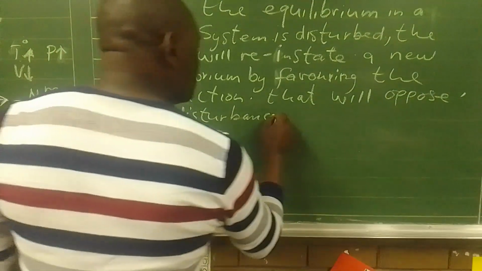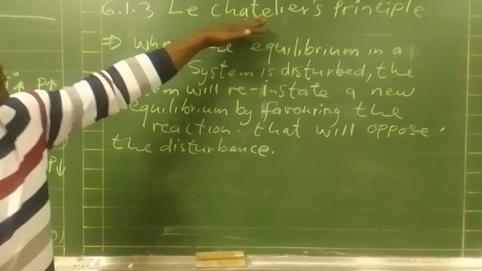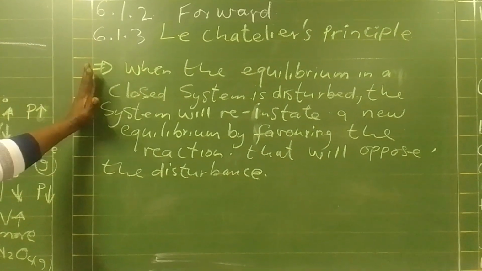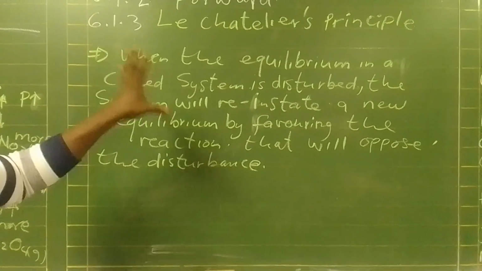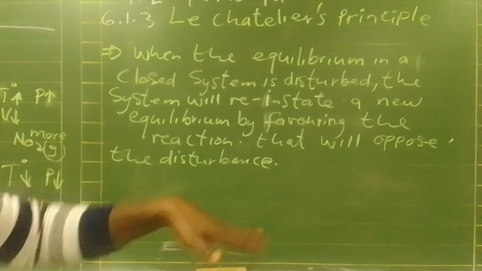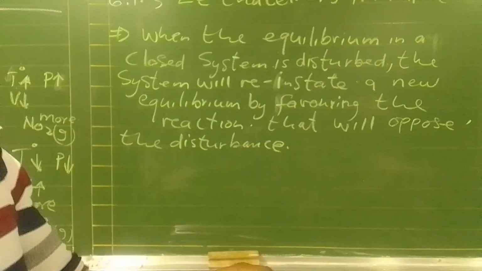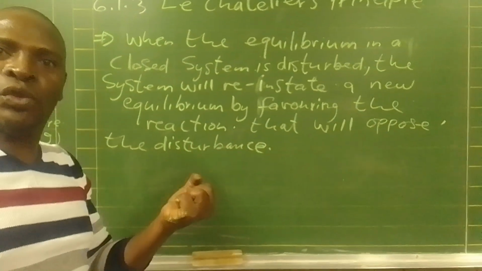Right, please matriculants, go and revise your notes. Le Chatelier's principle has a different way of saying it. You have your own teacher's explanation of saying it, but it states the same. When you add water into a boiling kettle, it is going to stop boiling instantly, but it will resume.